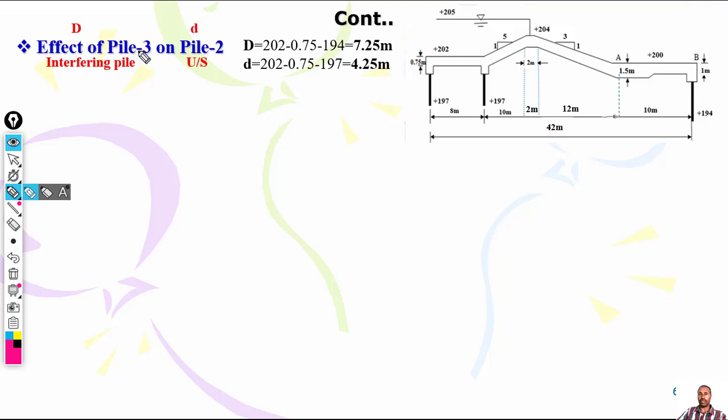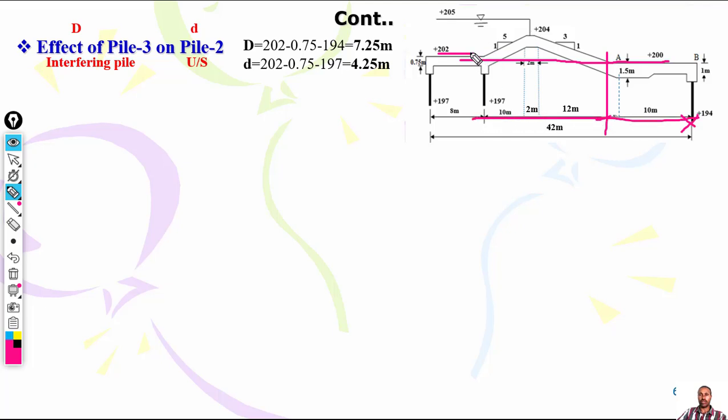You start from pile 3, then what will be the floor? So you have the effect of pile 3 below here. You have to consider this one. Clear? So just 202 here up to this level.